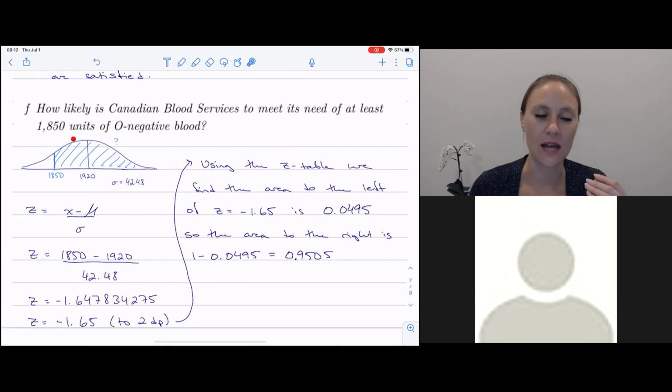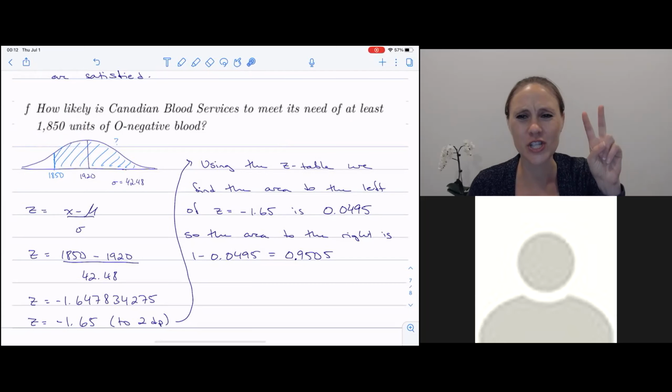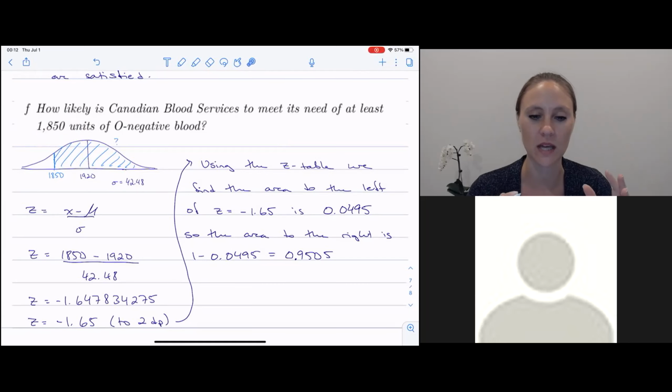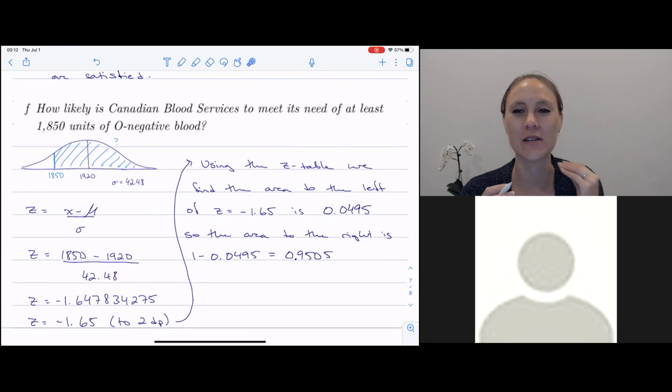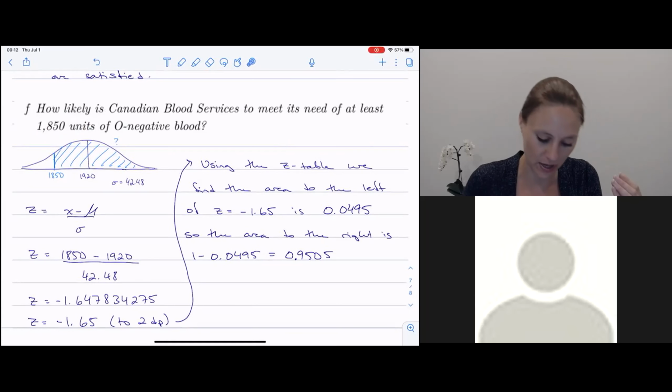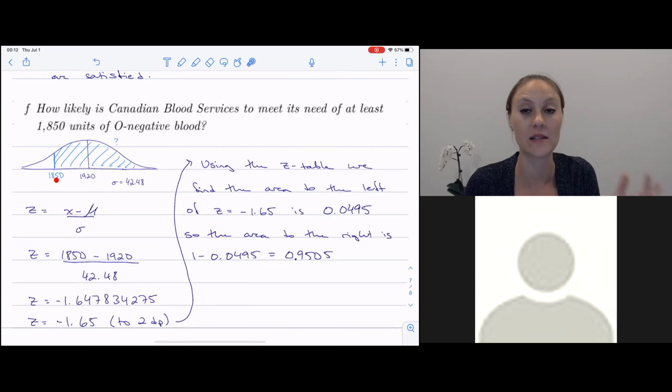Imagine even if you kind of got clever and found the probability of 0 O negative plus 1 plus 2 plus 3 all the way up to 1850 and then subtracted that from 1, right? That's probably the easiest way you would do it if you had to do it by hand.